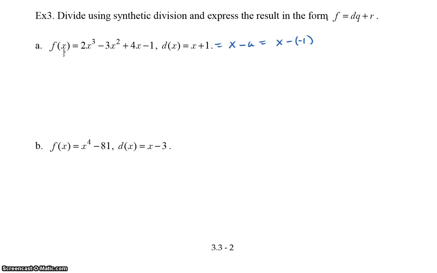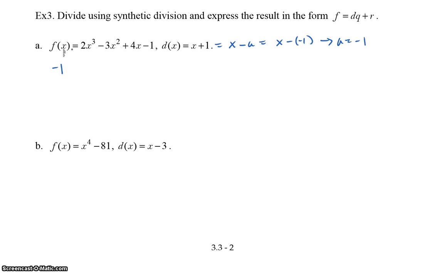So the value of a is going to be negative 1 in this case. And that determines the number that you're going to put in the upper left-hand corner when you set up the array for synthetic division. So basically there's a sign change that's required. This sign change is what allows us to use addition in determining the quotient and remainder rather than subtraction.